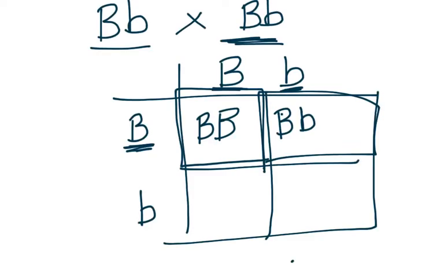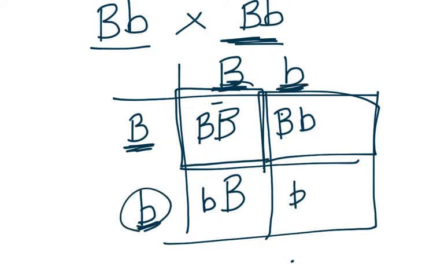Oops, sorry guys. Here I have this little b from here, and I have this big B right here. And down in this square, I have a little b from here and a little b from here.